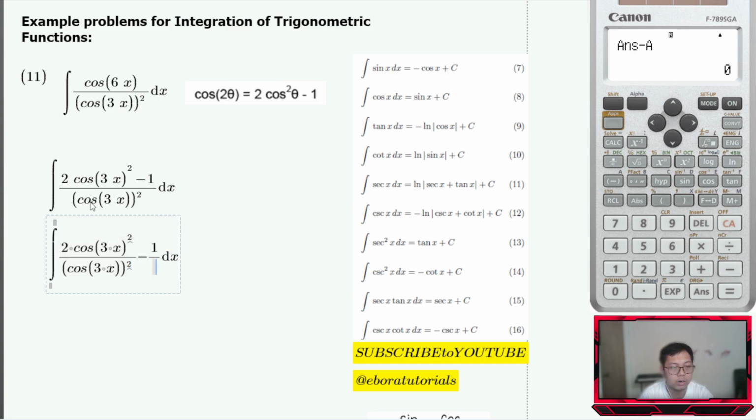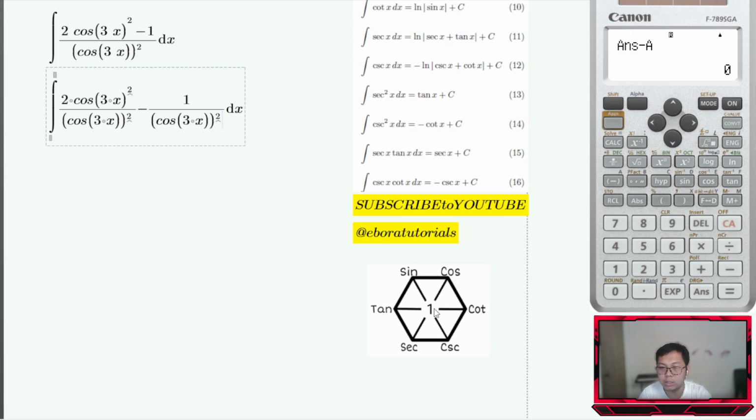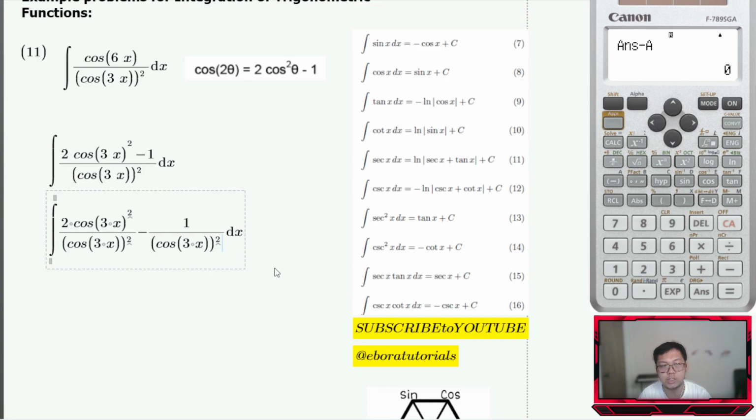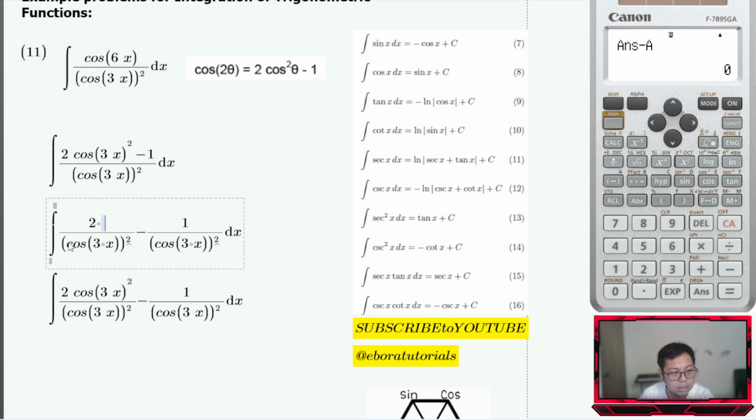Minus 1 over cosine squared. Now, 1 over cosine based on our hexagon is secant. And then secant squared, we actually have an integral of secant squared. So, the second term is already okay. Now, the problem here is the first term. However, notice the first term, you can actually cancel out both cosine x, diba? So, this will cancel kasi they have the same term. I mean, the same exponent and base.